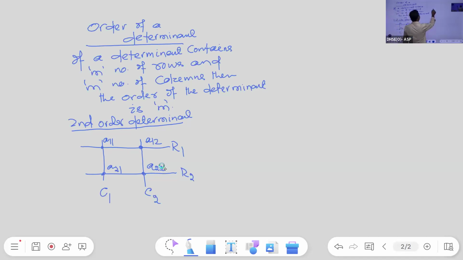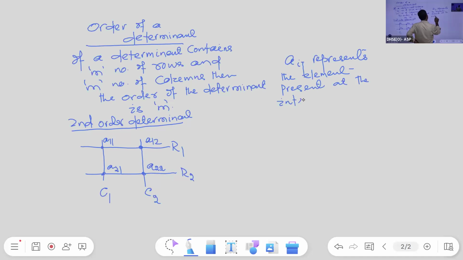So Aij represents the element present at the intersection of the ith row and jth column.